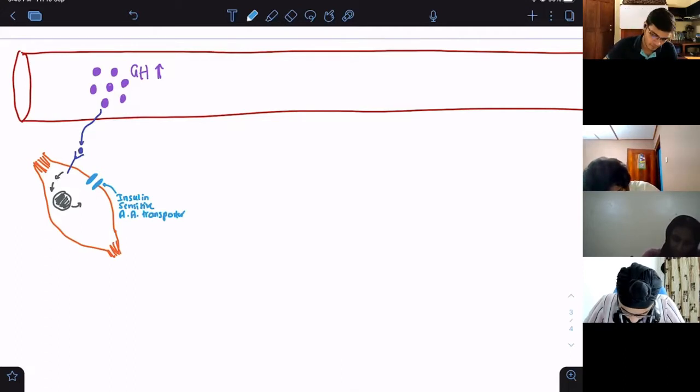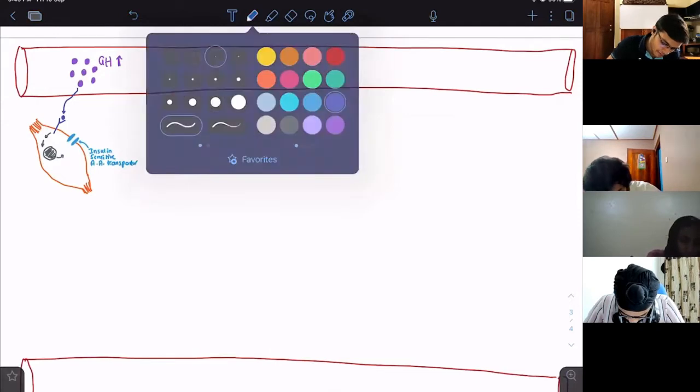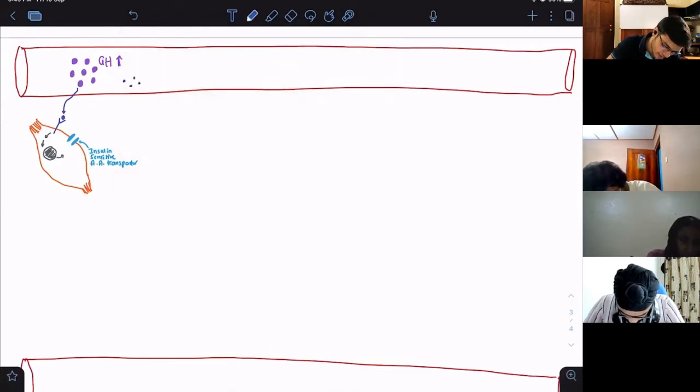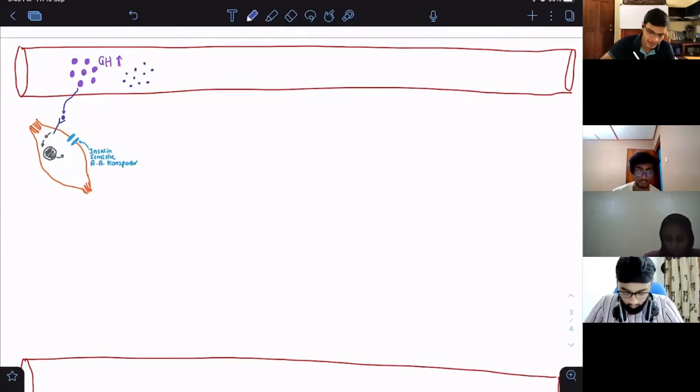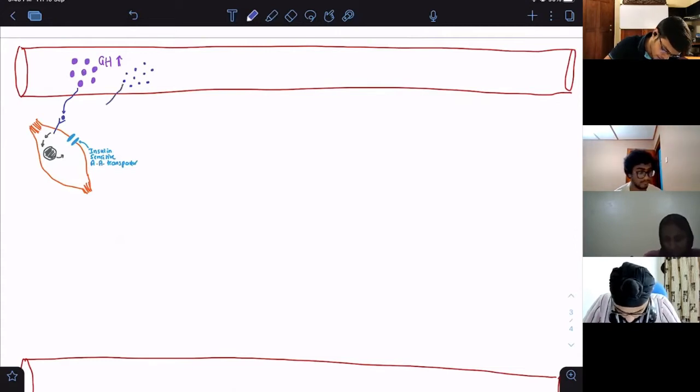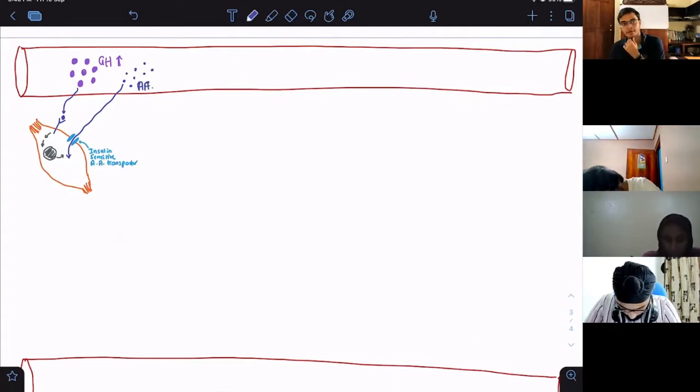So what is happening? Whatever amino acids are in the blood will be nicely taken up, will be nicely coming into the muscle. There is an influx of amino acids from the blood into this muscle tissue.